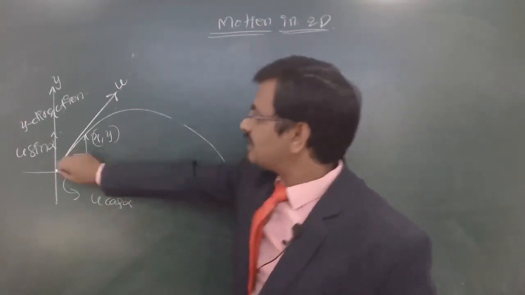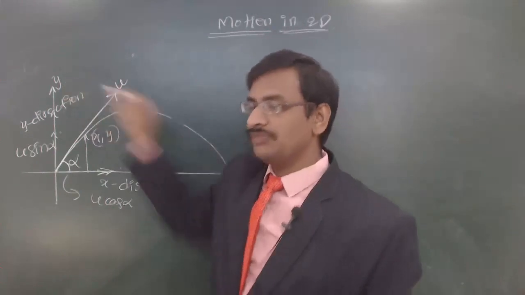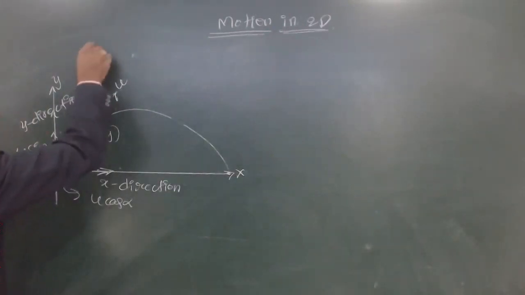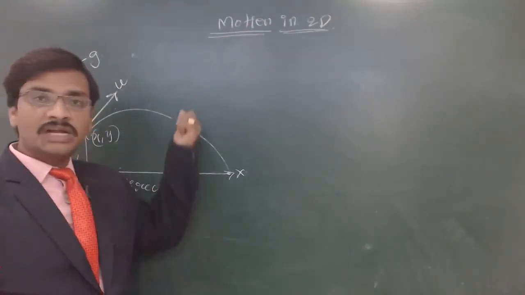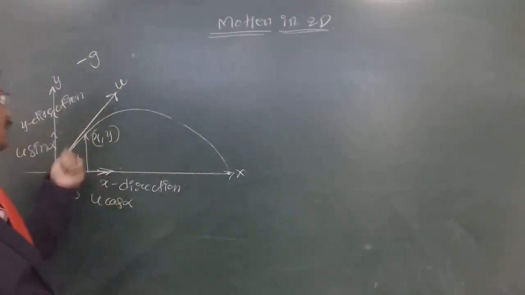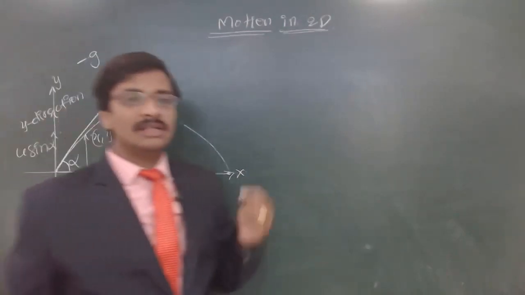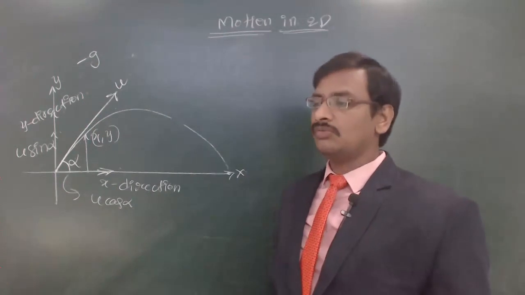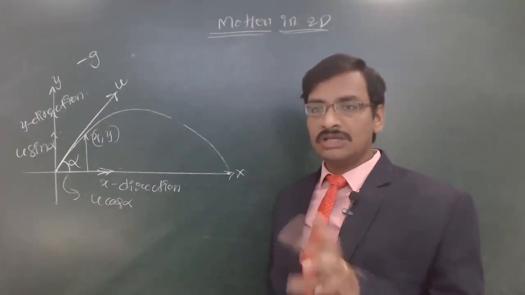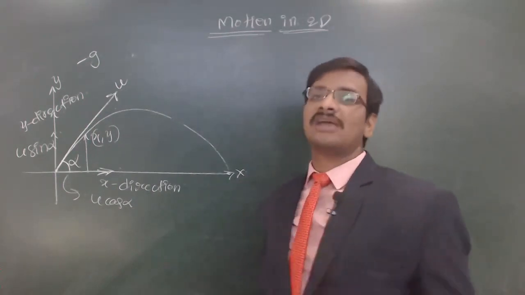So for the vertical rectilinear motion, there will be an acceleration of minus g. This acceleration is minus g because it is trying to push down, though the velocity is going upwards. That means the acceleration due to gravity is the force towards the ground. And as I said earlier, force and acceleration are one and the same except for the scalar multiplication.